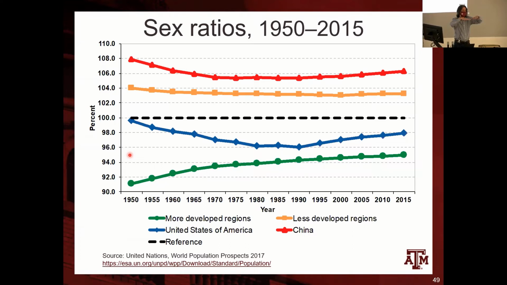Oh, but if they are all equal, they should be closer to 100. But women live longer than men. And with women living longer than men, in each one of these years, you're going to see more women than men in those countries, so the sex ratio is below 100.